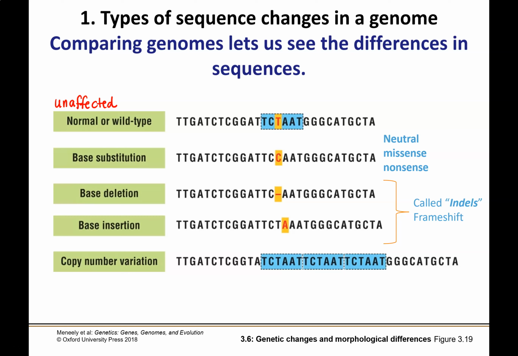Now, of course, they can refer to disease or other sorts of issues for an organism, but they are not always. So if we have a normal individual with a T here, there are different changes that we can see in a genome. So we can have a base substitution. So in this case, we have substituted our T for a C.